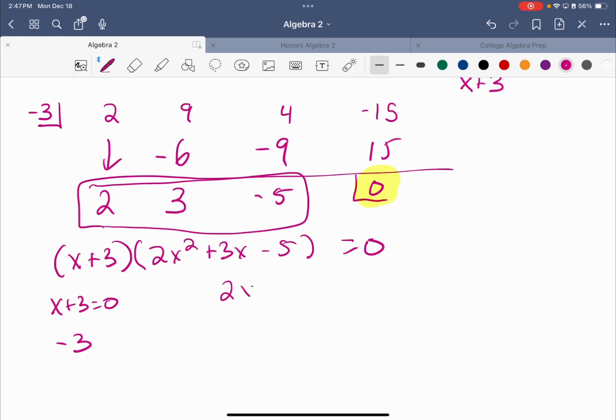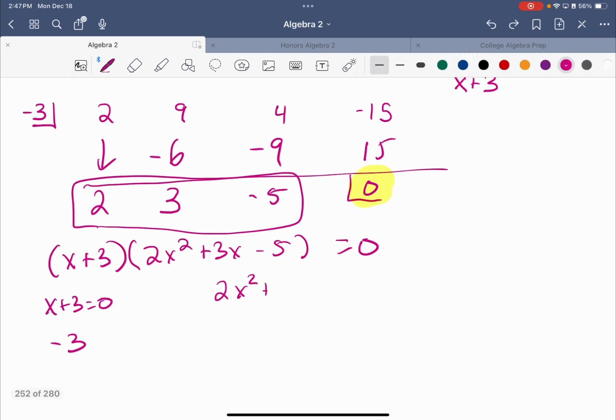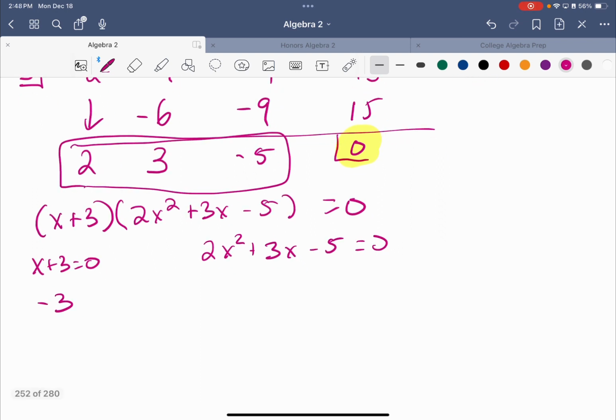The second 0 means we have to set 2x squared plus 3x minus 5 equal to 0. Quadratic trinomial, so we use the x method.